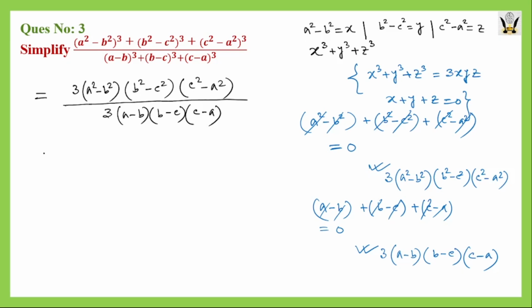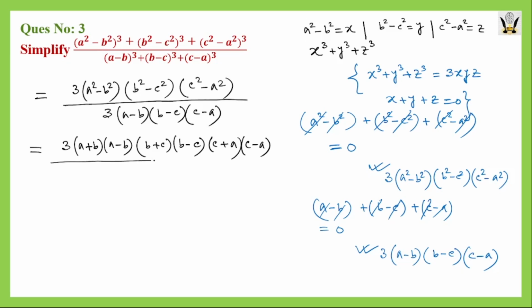So accordingly we have written in the numerator and denominator, and again here a square minus b square, we will again expand as per that identity. So it will be 3 times (a plus b)(a minus b), and accordingly b square minus c square will be written, and the last factor also, that will be (c plus a)(c minus a), and then we will write what we have in the denominator.